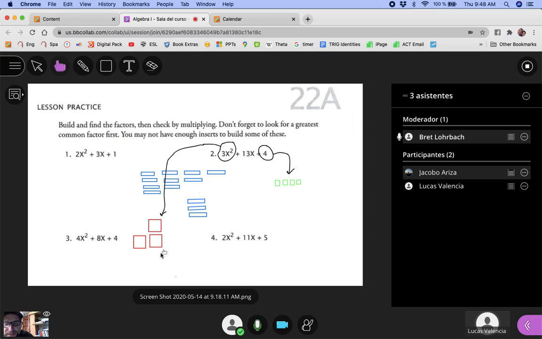We cannot draw it like this because those are not factors of 3x squared. We can do 3 rows of 1 or 1 row of 3. It's your choice. But in the same way, in lesson 21, you had to make a rectangle out of the factors of 4. You have to do the same thing with the factors of 3x squared. That's lesson 22. Okay, did you understand that, Jacob?